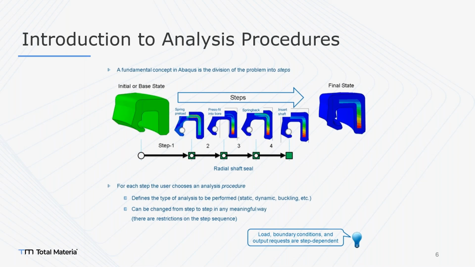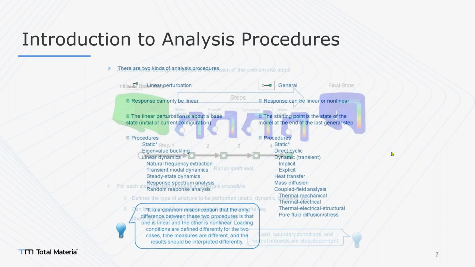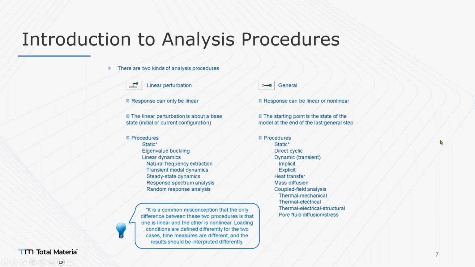Are you looking for a manufacturing effect on your part, or a springback effect, or just the strength of your part? You need to decide which of these historical events need to be considered.